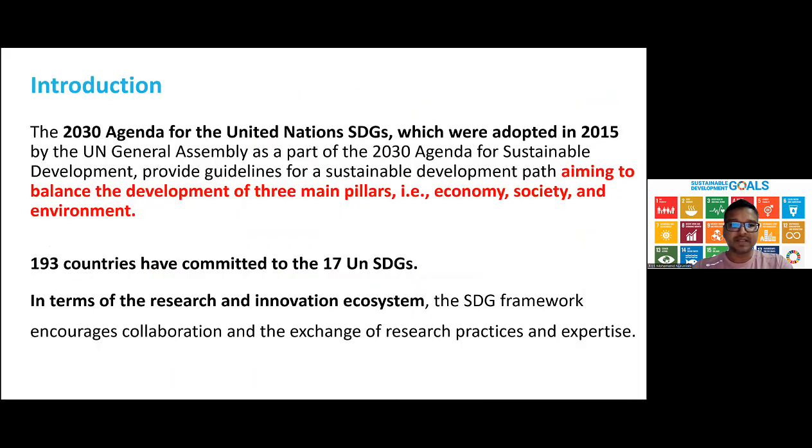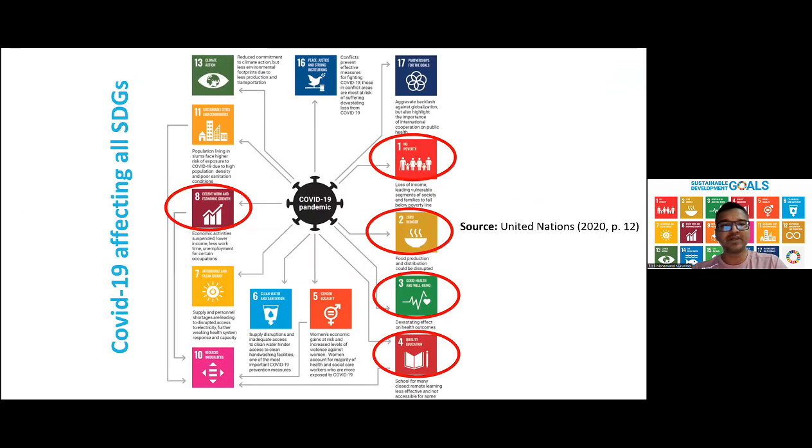In terms of research and innovation and the ecosystem, the SDG framework encourages collaboration and the exchange of research practices and expertise. Now, a few of the SDGs became very significant during COVID-19 and the post-COVID era: SDG 1 and SDG 2.